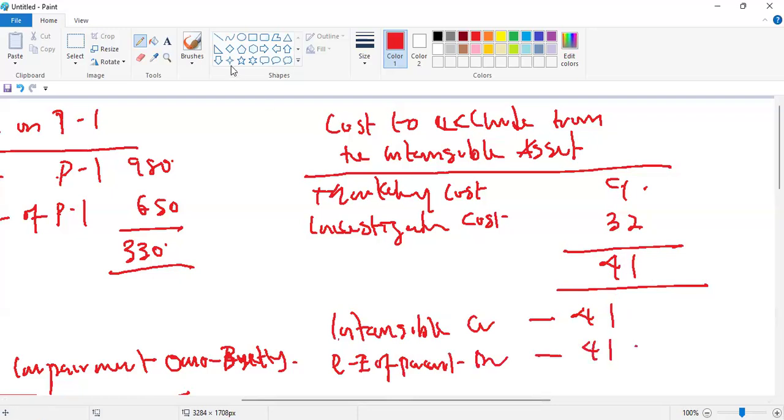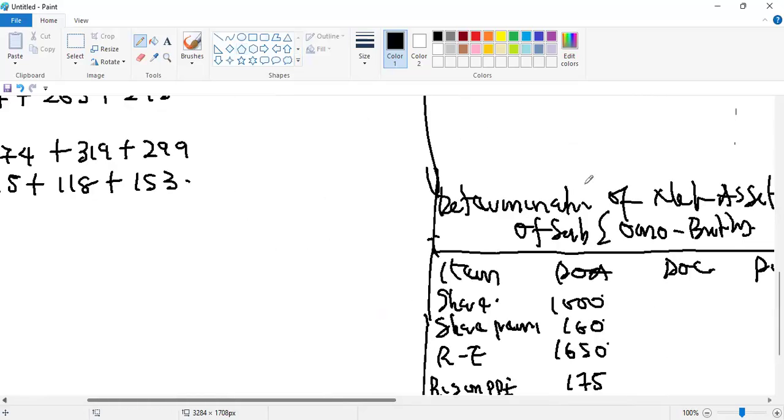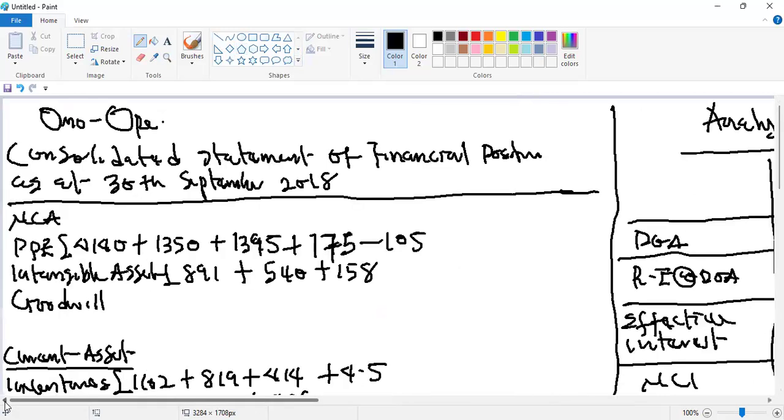So go to the question. Intangible assets, minus 41. We'll go again.